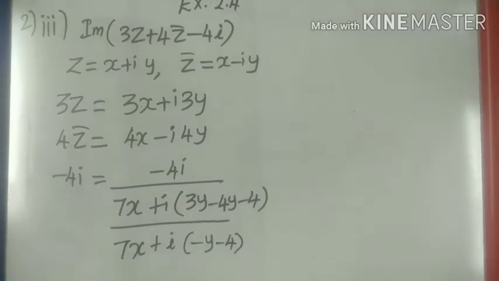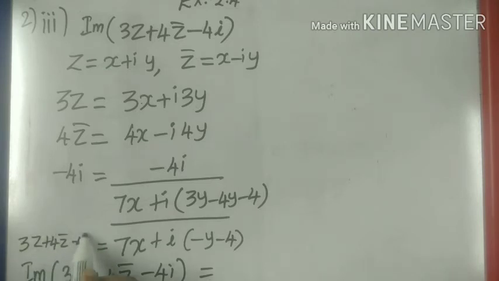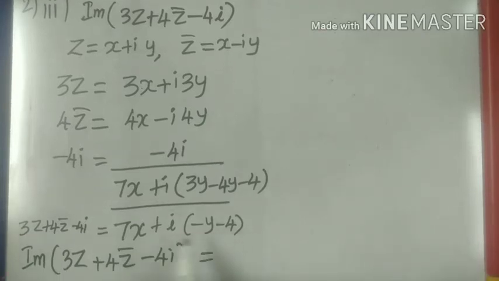My question is, I want the imaginary part. Imaginary of 3Z plus 4Z bar minus 4i. When I want the imaginary, write that which is with i. So what is my answer? Minus Y minus 4, or take minus symbol out. It can be written as Y plus 4.